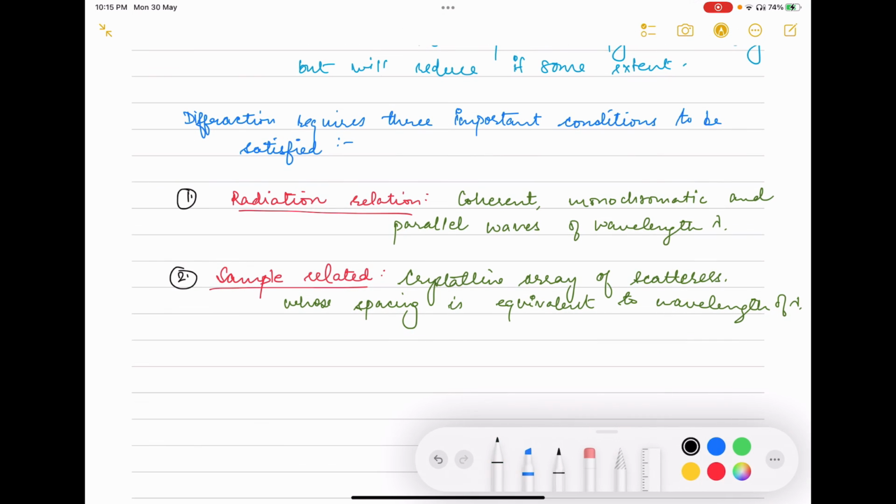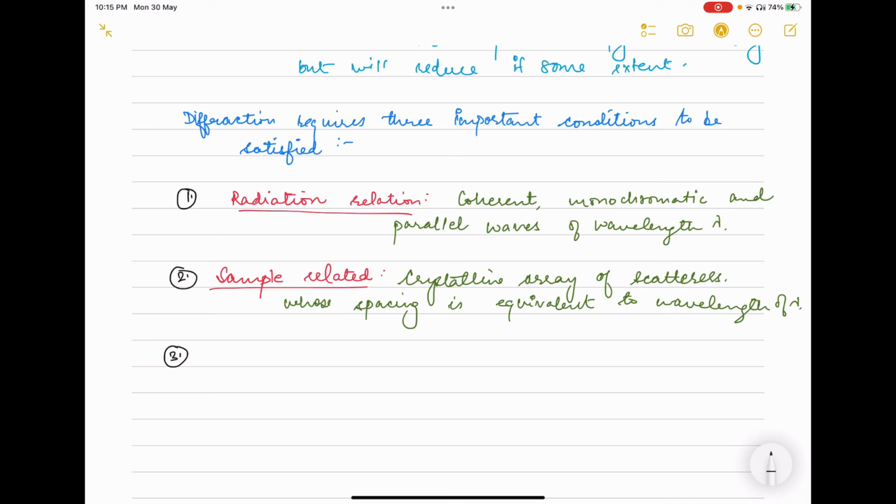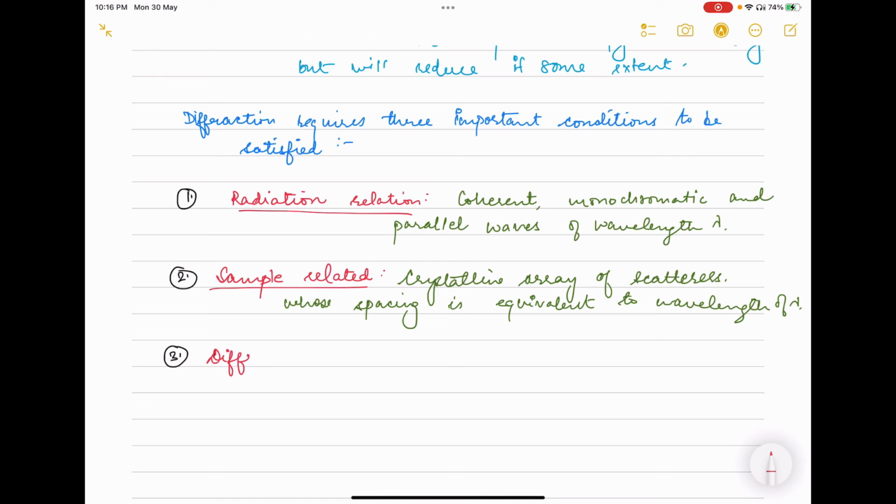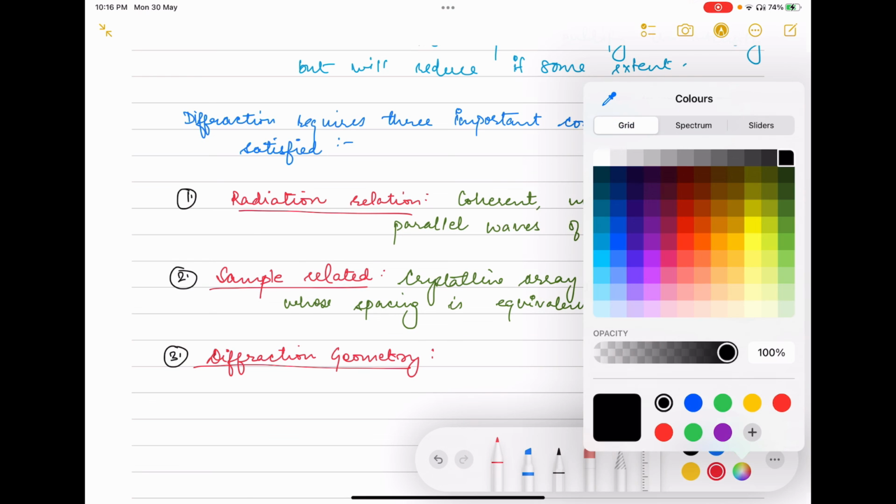Now the last one is related to the diffraction geometry. For that, Fraunhofer diffraction geometry should be satisfied.